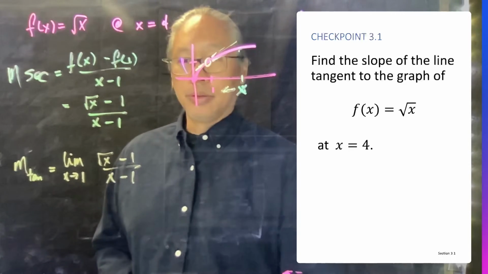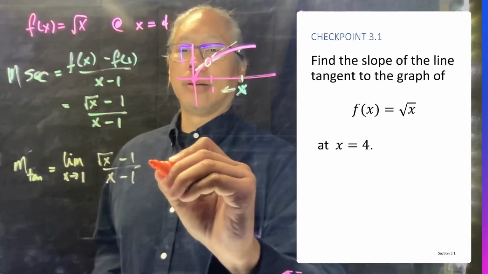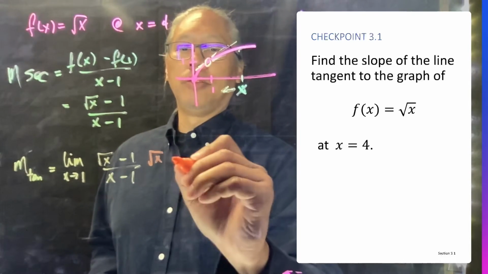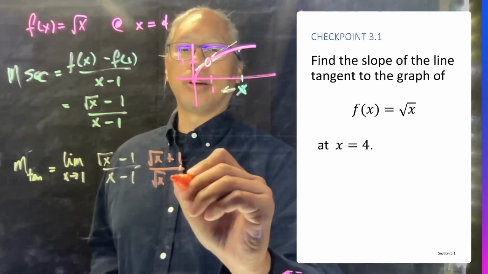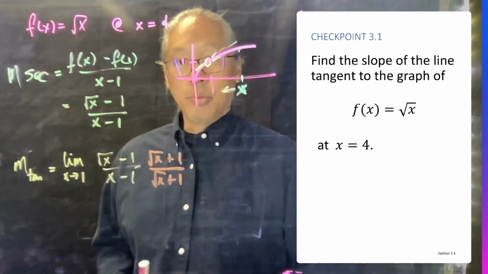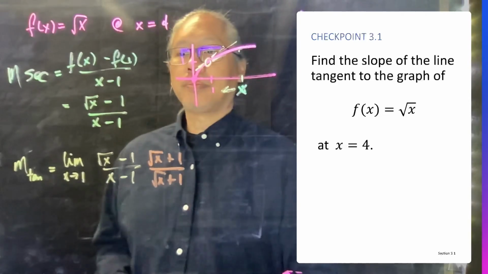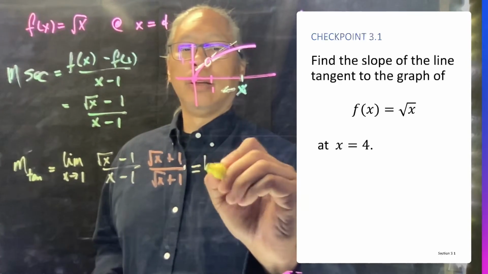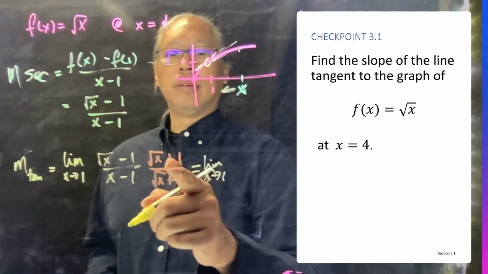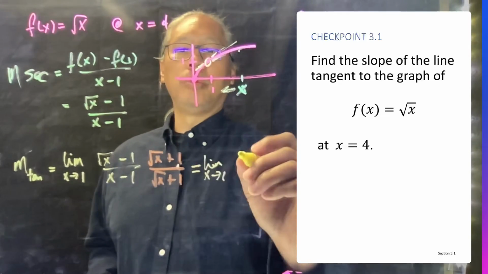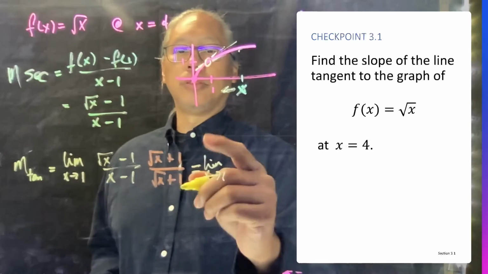And so what we're going to do is multiply by the conjugate of the square root of x minus 1, which is the square root of x plus 1. We'll multiply it on the top and the bottom, and then we will get the limit as x approaches 1. Now this numerator will become the difference of two squares.